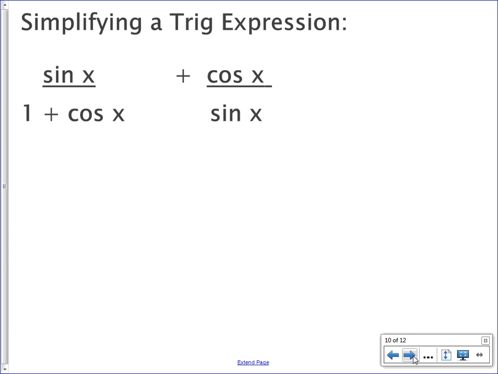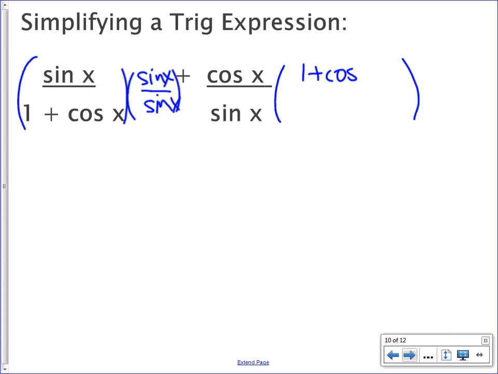Do you agree? We have two completely different denominators. They have nothing in common. So we're going to have to multiply this fraction by the sine of x over the sine of x, and multiply this fraction by 1 plus cosine of x over 1 plus cosine of x.